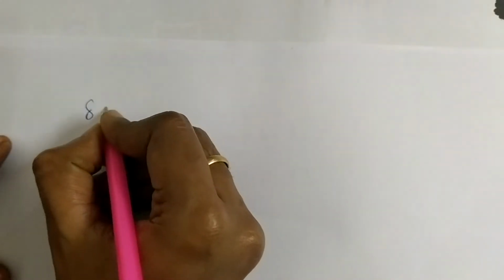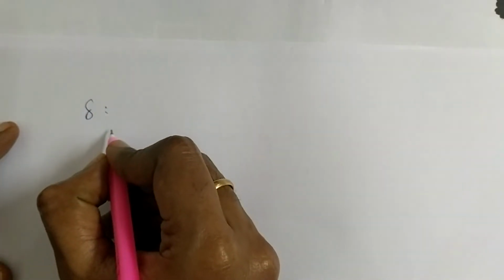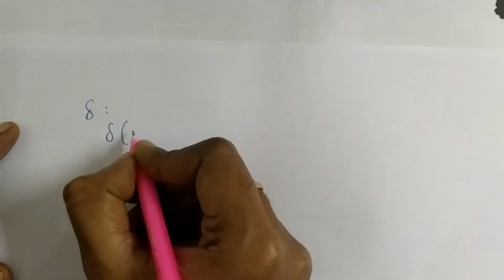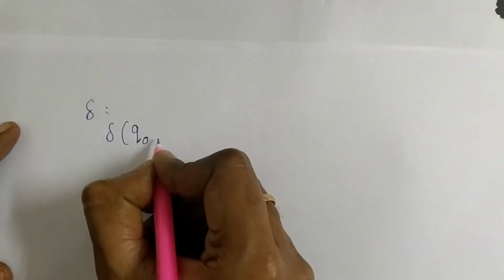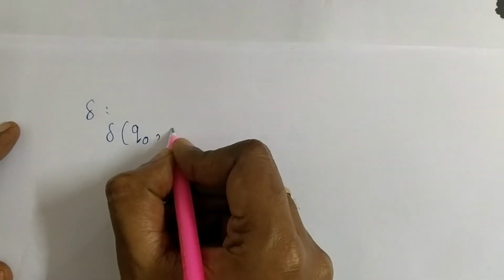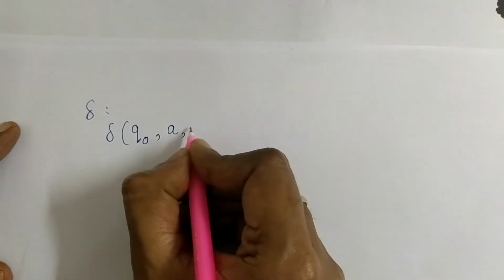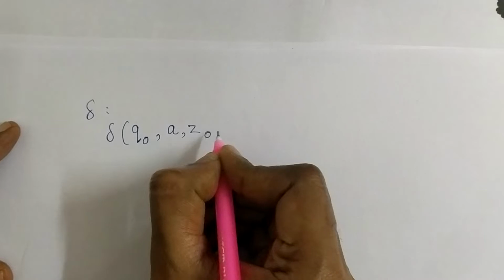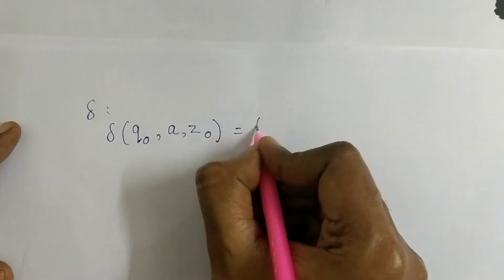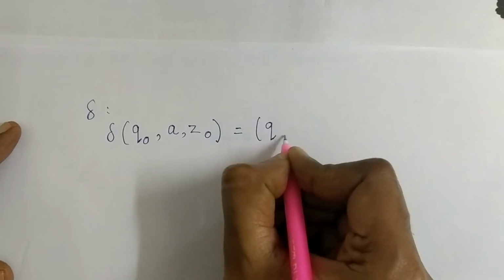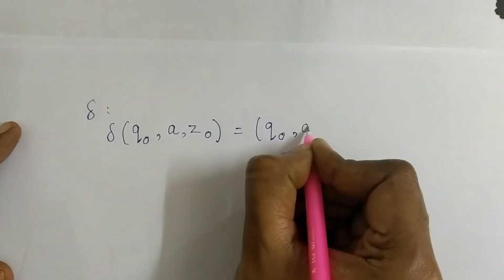So how can we write the transition function delta? Initially it is in the state Q0, reading the input symbol A, and what is on the top of the stack? It is Z0, right? So it goes to the same state Q0, and what will be in the stack?